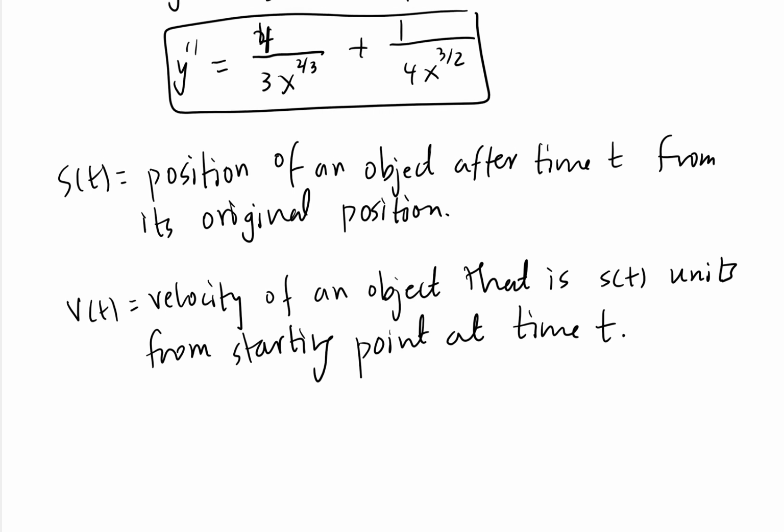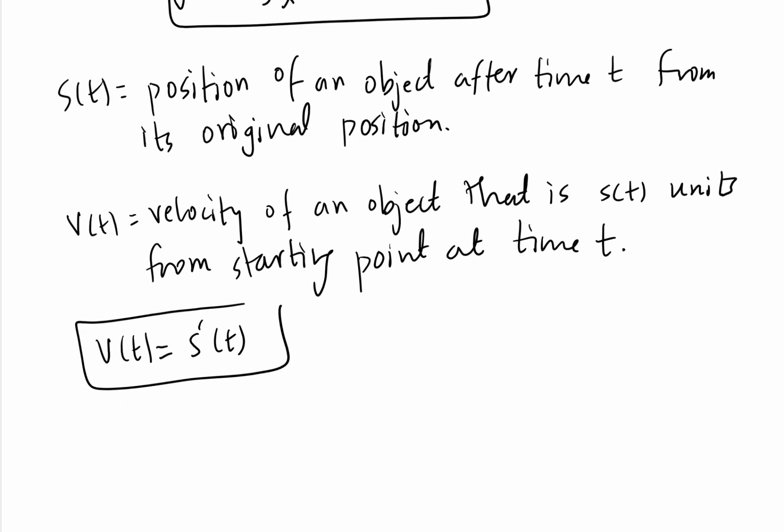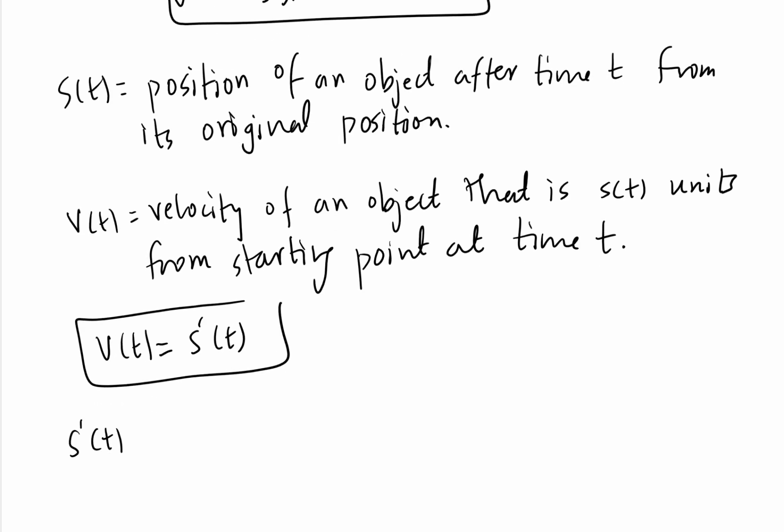Now, what's the relation between v and s of t? V of t is the derivative of s of t. So if I rewrite it as s prime of t equals v of t, and differentiate both sides again, I get s double prime of t, the second derivative, equals v prime of t.